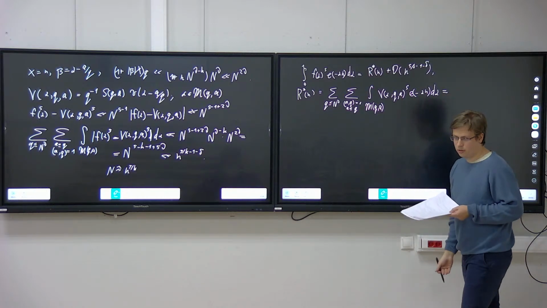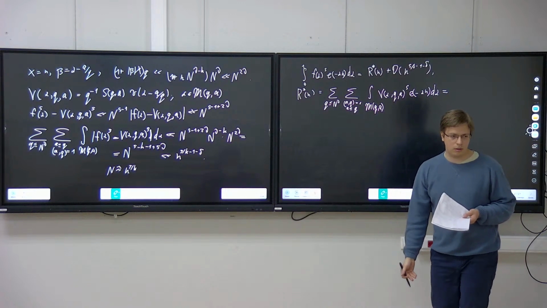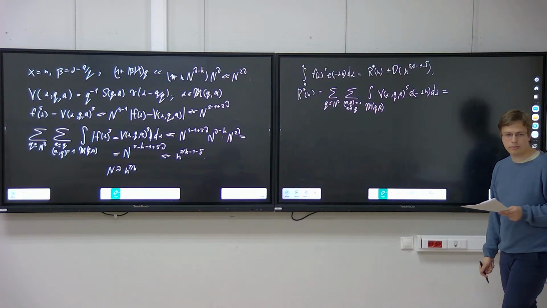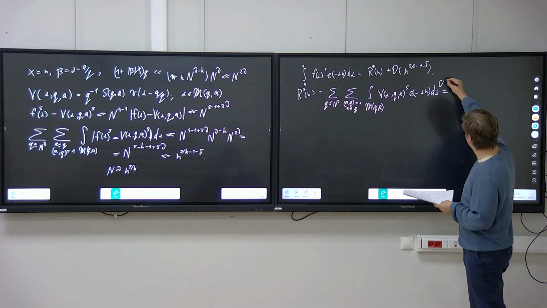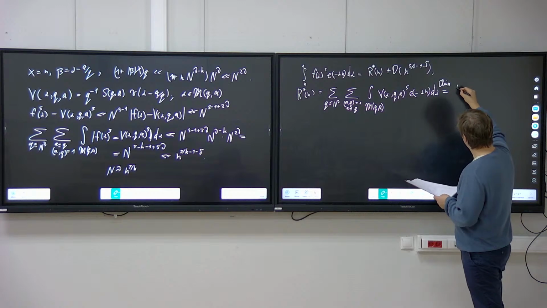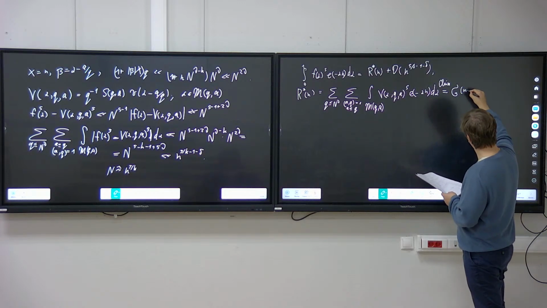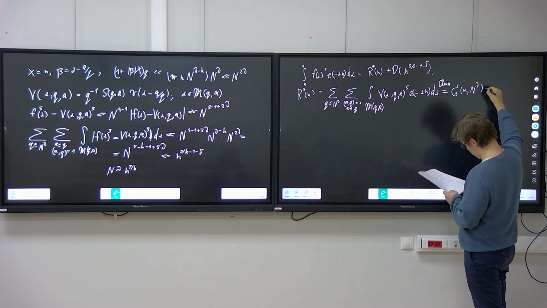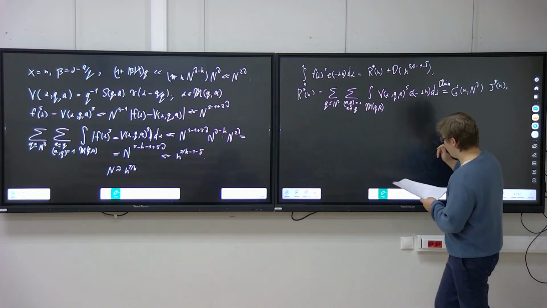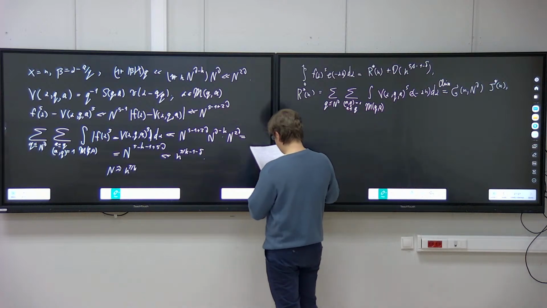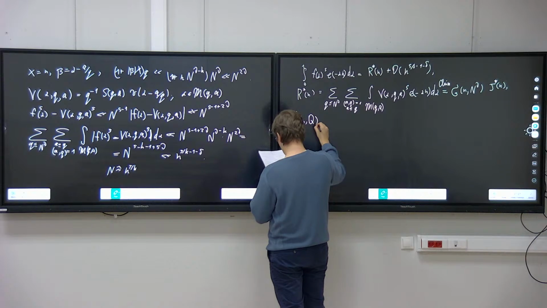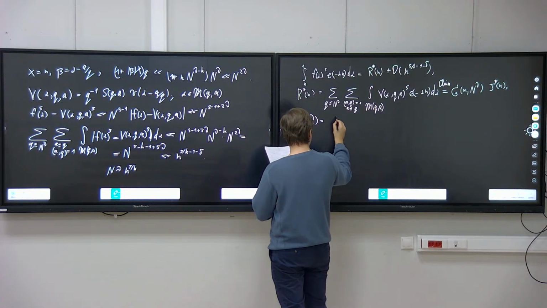Let me first write the product of what, and then we will see that this is true immediately. Claim, some other notation: n to the power nu, g star of n. Here g of n, q is such a sum.